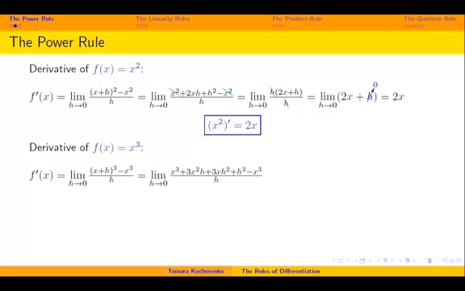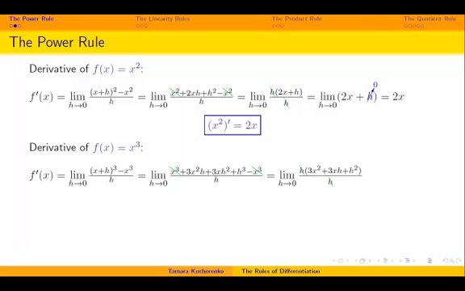Here we see that x cubed and negative x cubed eliminate each other. We can factor out h from the remaining terms, and then h in the numerator cancels with the h in the denominator.